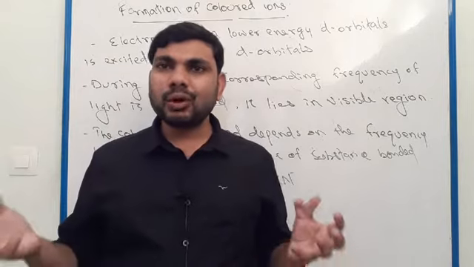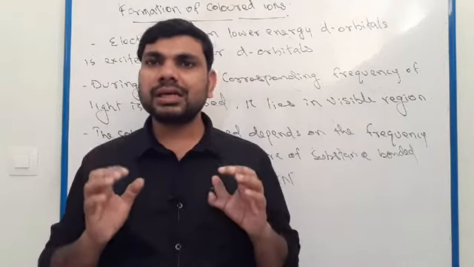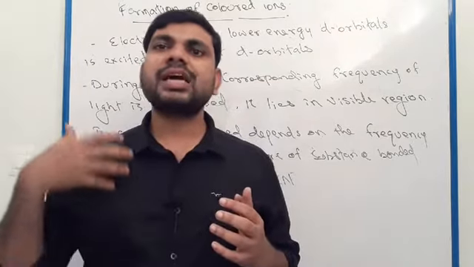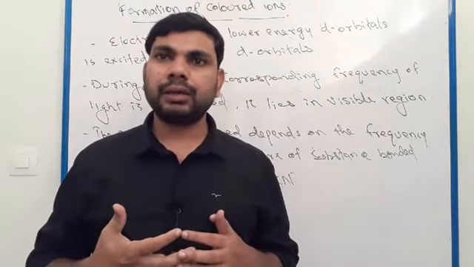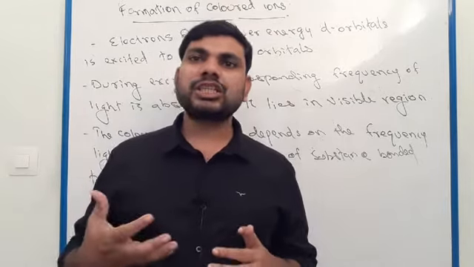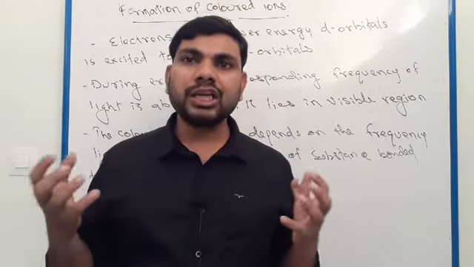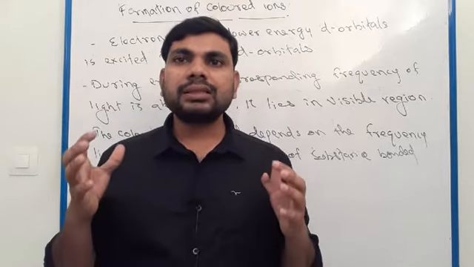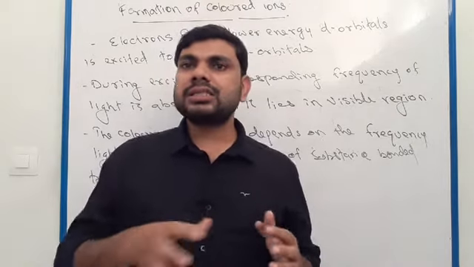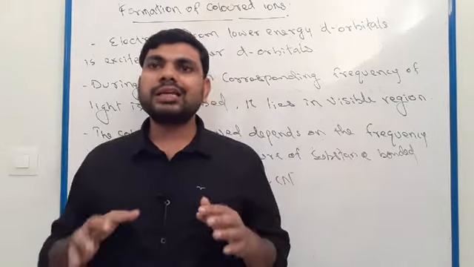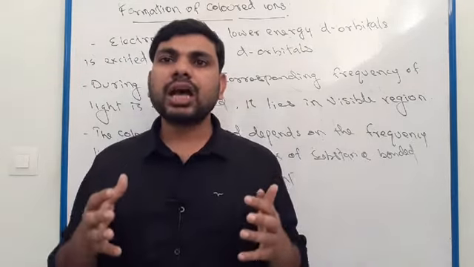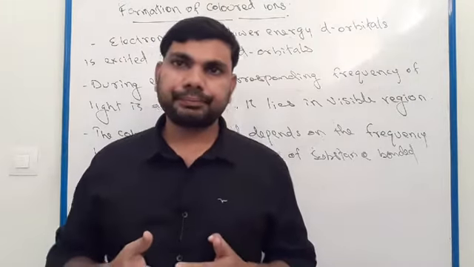When these d electrons absorb energy, they will excite to a higher energy level. During this excitation, they will absorb radiation of a particular frequency. Okay, and this absorbed frequency lies in the visible region and it helps to make colors.